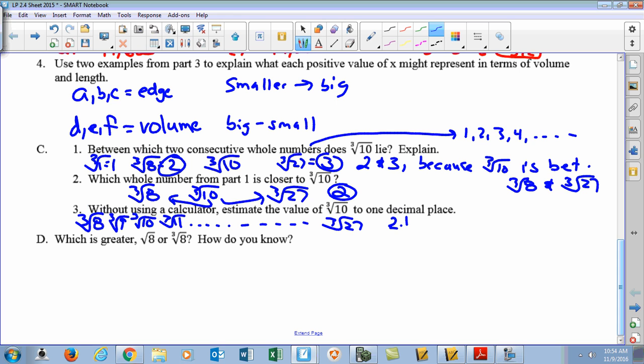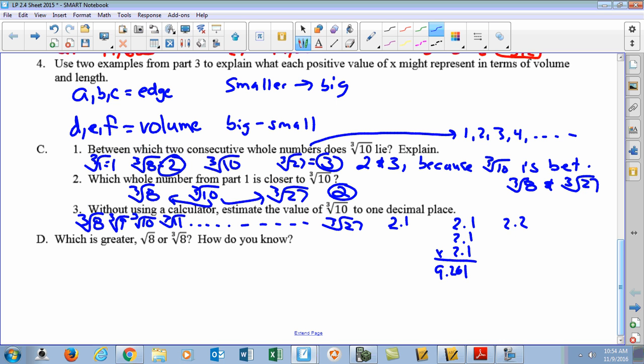So just like we did with the fractions, let's explain how we could figure this out. Well, 2.1 times 2.1 times 2.1, right? If I took 2.1 and multiplied it by itself 3 times, I get 9.261.